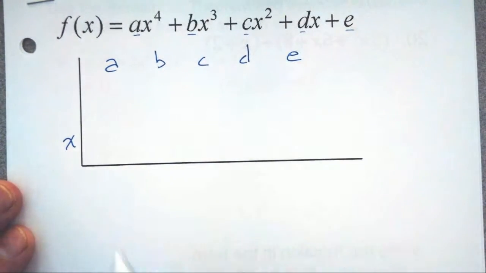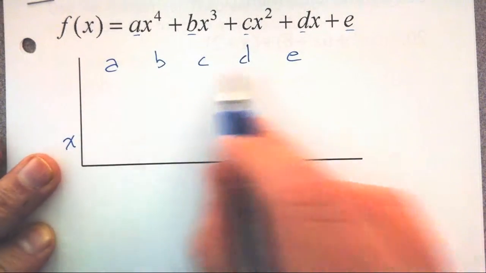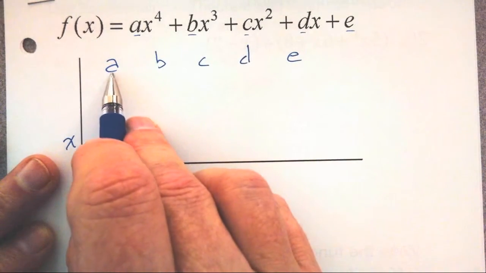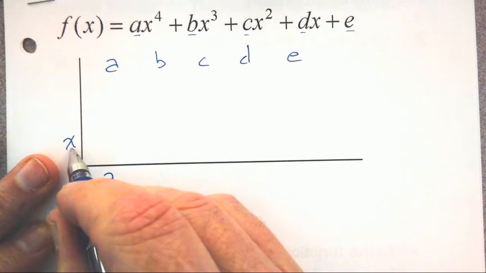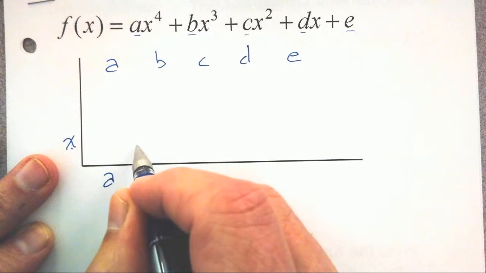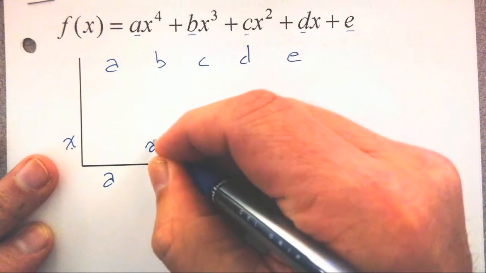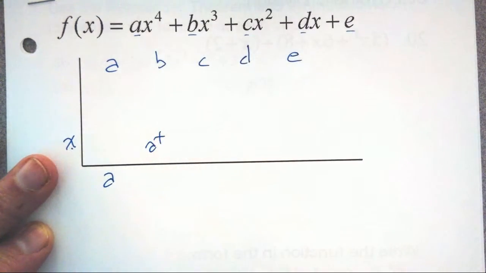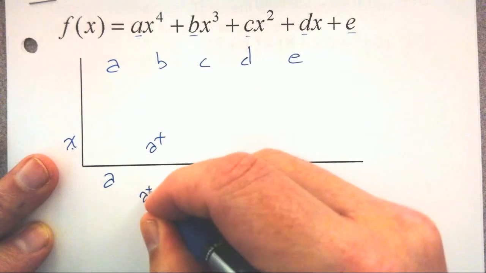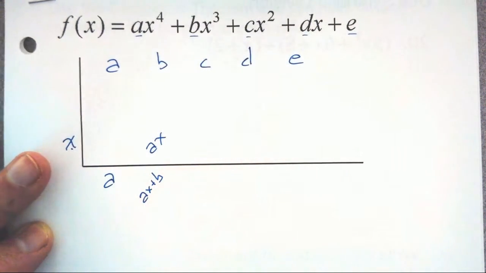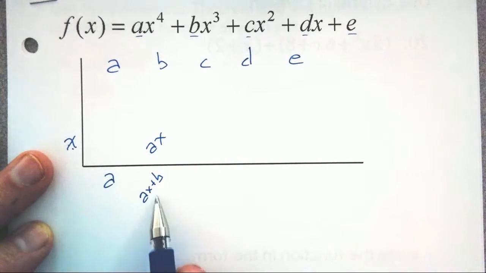When I set up like this, the very first thing I do is take this coefficient and bring it down here. Then I multiply these two together and put that product up here. Next, I add down, so I get ax plus b, and then I multiply in.